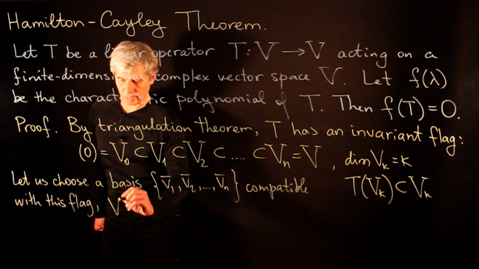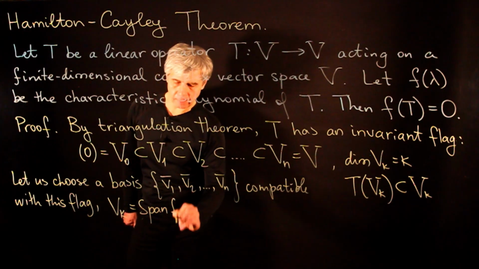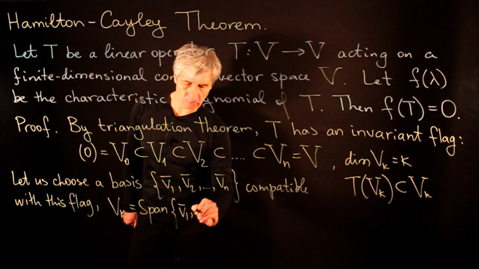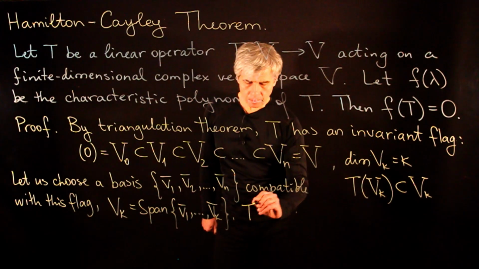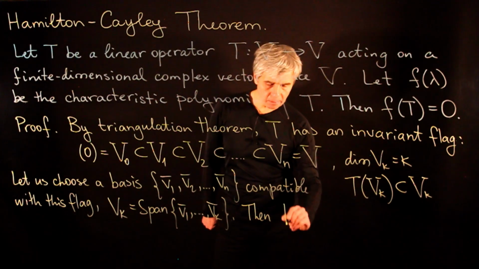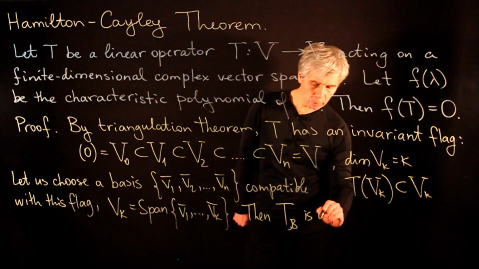Meaning that our space Vk is the span of the first k basis vectors, v1 through vk. Then the matrix of T in this basis is upper triangular.